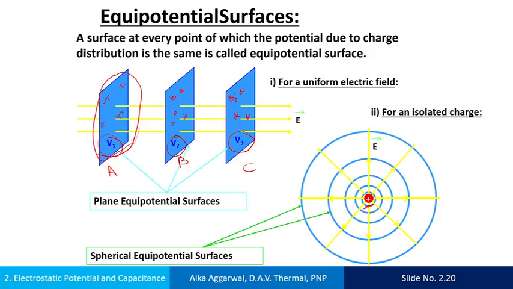All these surfaces have different potentials, but all the points on any one surface have the same potential. Similarly, all the points on this surface are at the same potential, but the points on surface A and on surface B are at different potentials.